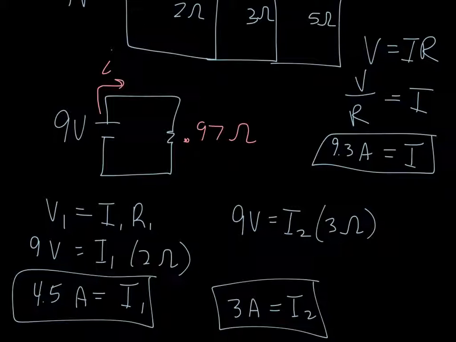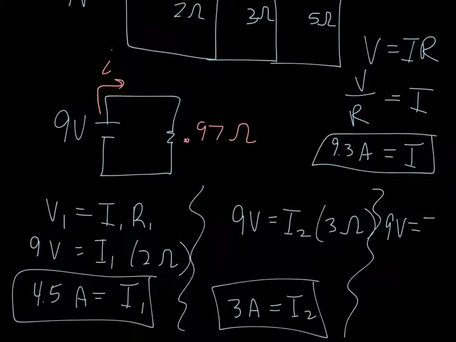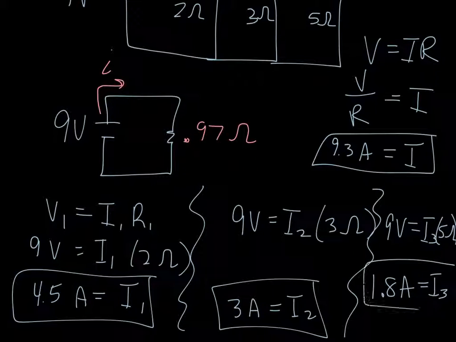So those are the first 2 resistors, resistor 1 and resistor 2. The third resistor is also 9 volts, but its resistance is 5 ohms. Take 9 divided by 5, 1.8. Is that right? Yeah. I didn't even do the math. I just asked myself how much is missing from the total.